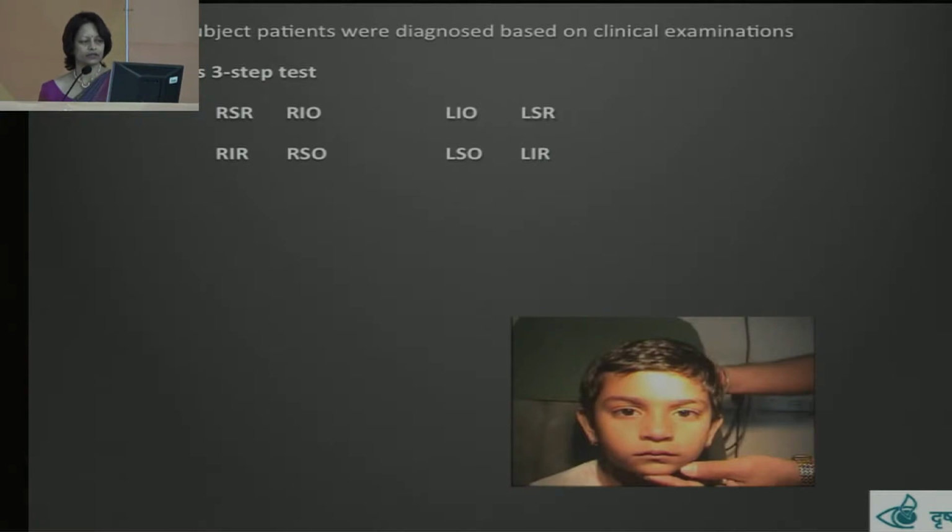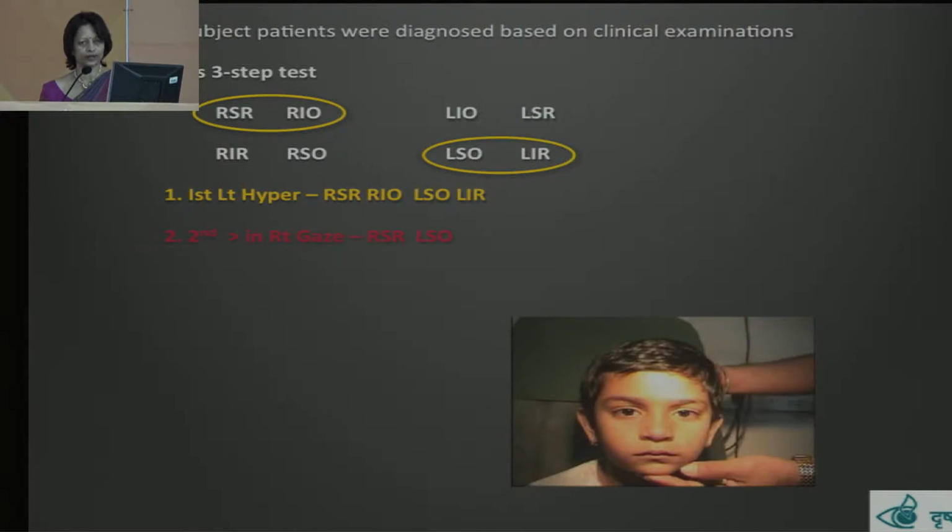Squint assessment was done, and presence of facial asymmetry and abnormal head postures were noted. The subjects were diagnosed based on clinical examination by the Parks 3-step test, which we all know: the first thing we do is to see which eye is hypertropic, which reduces it to 4 muscles. Then we see in which direction the vertical deviation is more, which reduces it to 2 muscles.